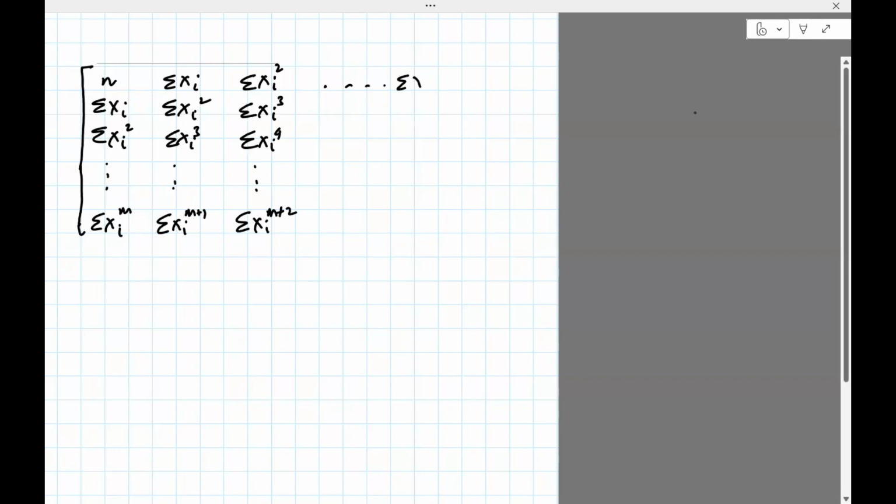Eventually, we'll get to the last row: xi^m, xi^(m+1), xi^(m+2), all the way to xi^(m+m), so it'll be 2m.